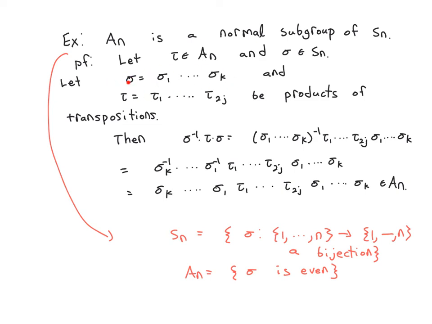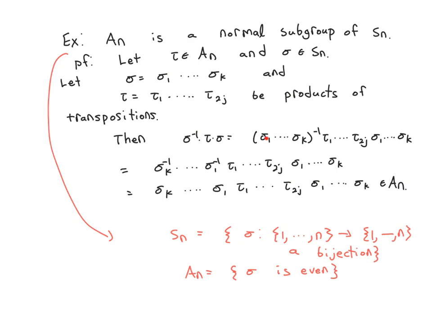So suppose sigma is equal to sigma 1 through sigma k, and tau is equal to tau 1 through tau 2j, factorizations into products of transpositions. Notice we do not know if k is even or odd, because it's an arbitrary permutation. Let's see what happens when we do this calculation.